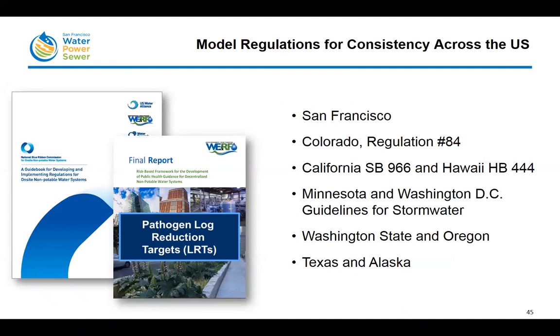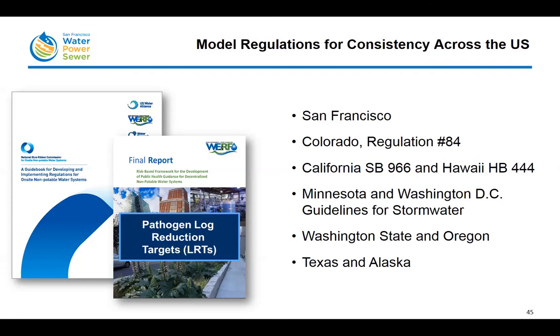This risk-based pathogen log reduction target approach is really being adopted across the country. San Francisco has obviously adopted this risk-based approach. When the report came out in 2017, we modified our program to incorporate the standards.